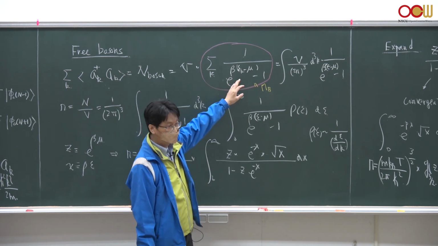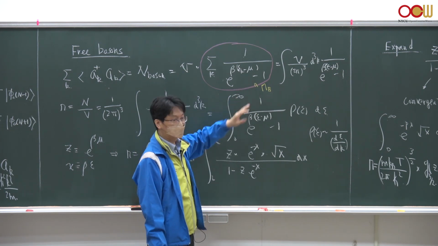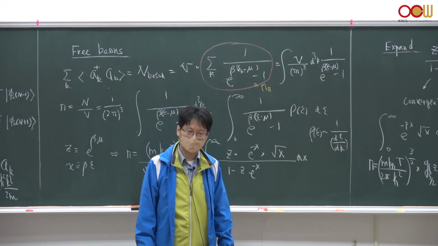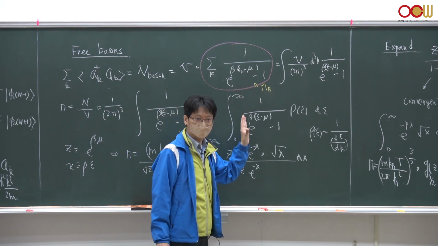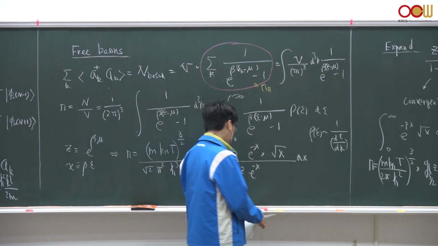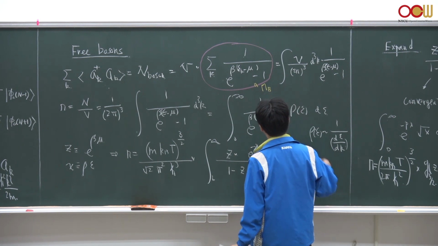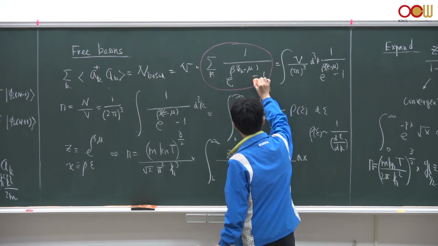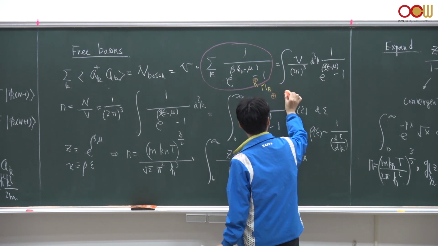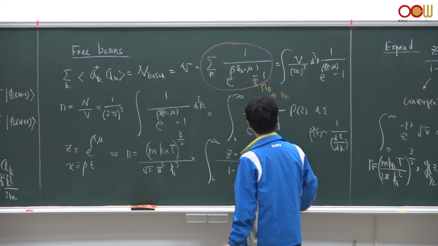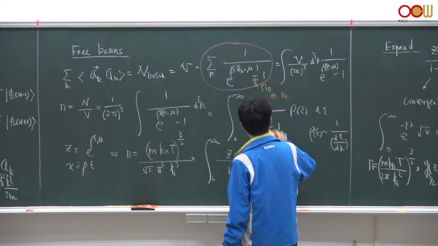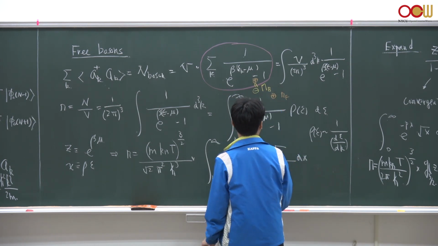Remember, this could be derived in your statistical mechanics course at the undergraduate level. And we know that there is a plus sign for fermions and a minus sign for bosons.